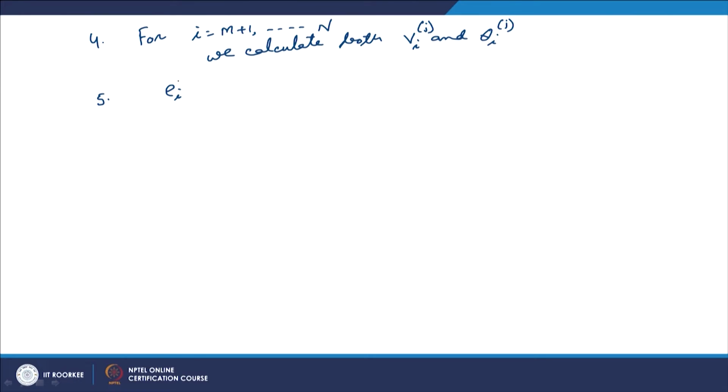So, we calculate E I j as the magnitude of V I j minus V I j minus 1, remember these are complex quantities, for all I is equal to 2, 3 to n.